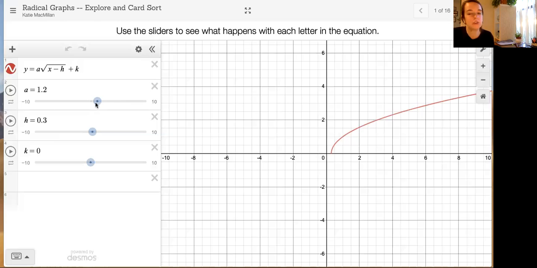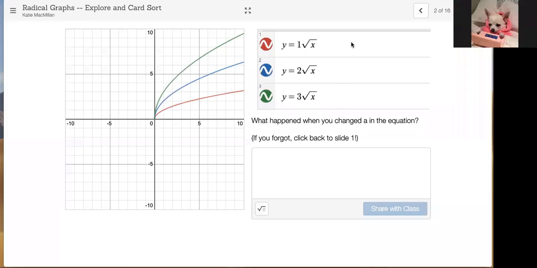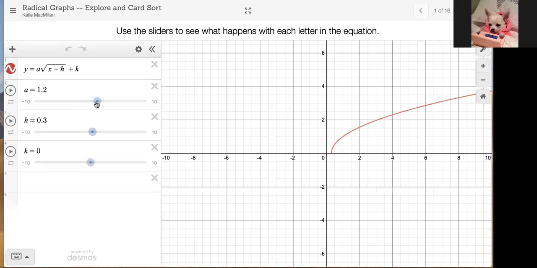What happens when you change A? What happens when you change A? Slide 2? Slide 2, yeah. So what happens when you change A here? When I moved the slider A, it changed like the y-axis, like it would grow in height and it could even flip.